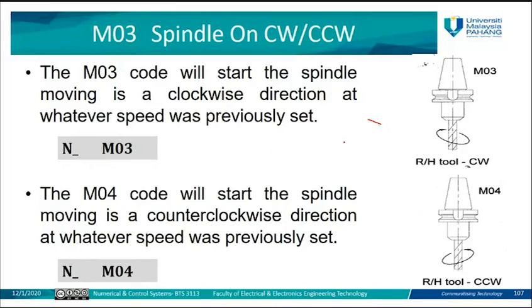So when we say G02 or G03 for circular movement, either clockwise or counterclockwise, the whole spindle will move. But here only the spindle will rotate at the same point. So M03 and M04 are used to switch on the spindle to rotate for drilling, milling, and so on, either clockwise with M03 or counterclockwise when we use M04.